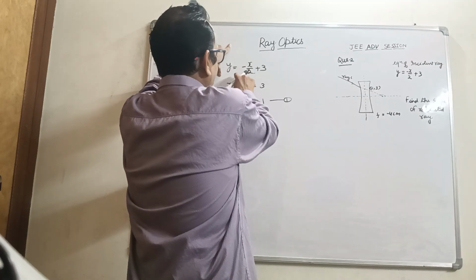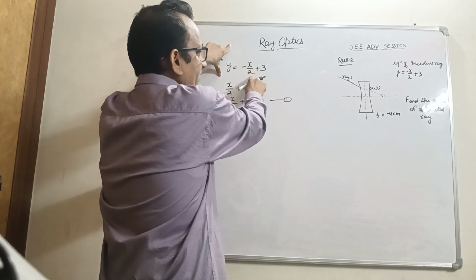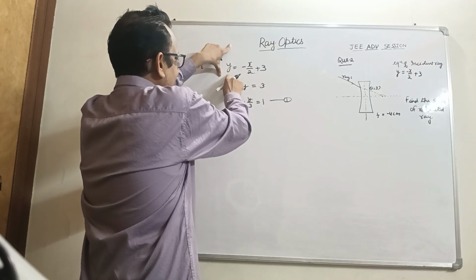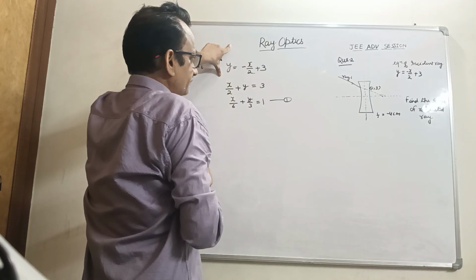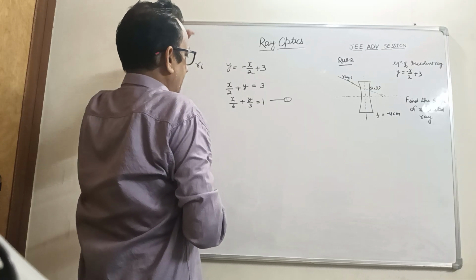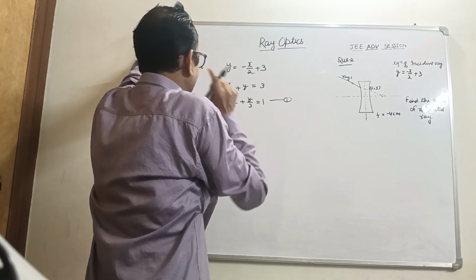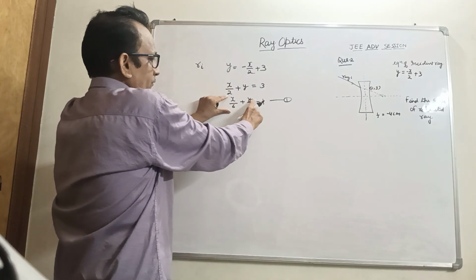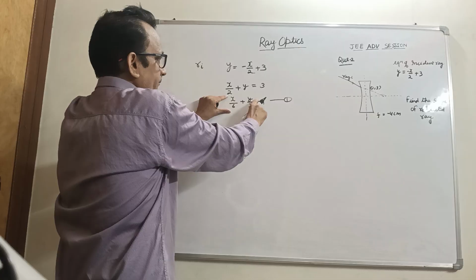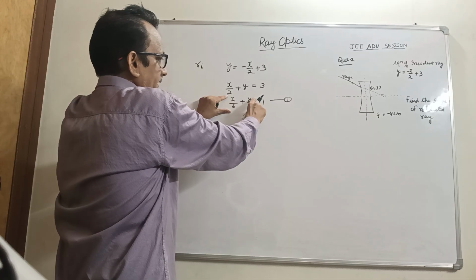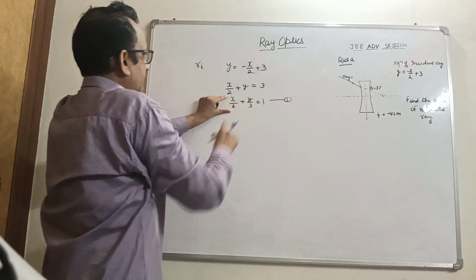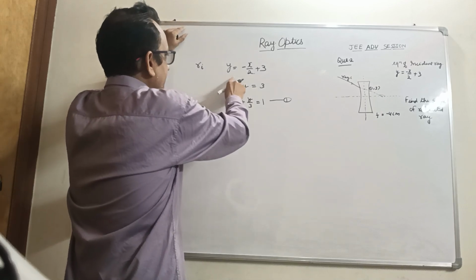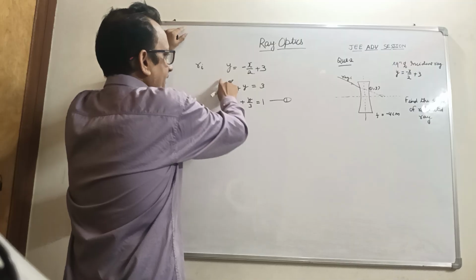we put the value of y here, so we find the value of x. So putting the value of y, by the intersect, this equation shows the intersect of x.